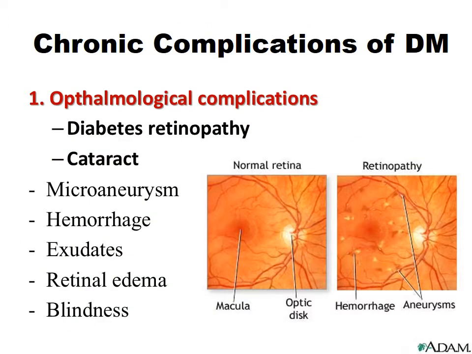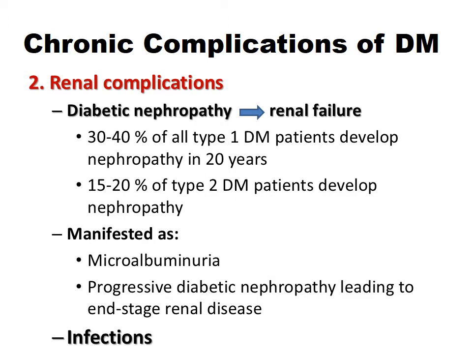Chronic complications of diabetes. First, ophthalmological complications. These include diabetic retinopathy and cataract, represented as microaneurysm in the eye, hemorrhage, exudates, retinal edema, and if not treated, it will lead to blindness. Second, complications of the kidney, or renal complications.